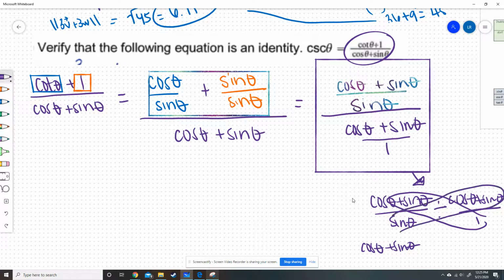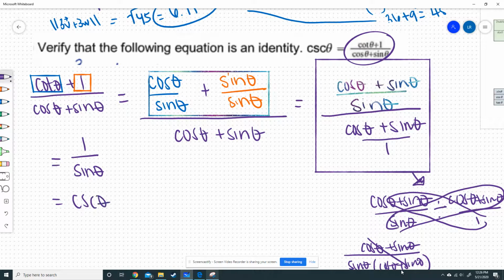And we'd multiply these two things together, and we'd get sine of theta times cosine of theta plus sine of theta. And this cancels out. And remember that sine is in our denominator, so we have to keep it. And so all of this turns into 1 over sine of theta. And 1 over sine of theta is cosecant of theta. And that's what we were looking for.